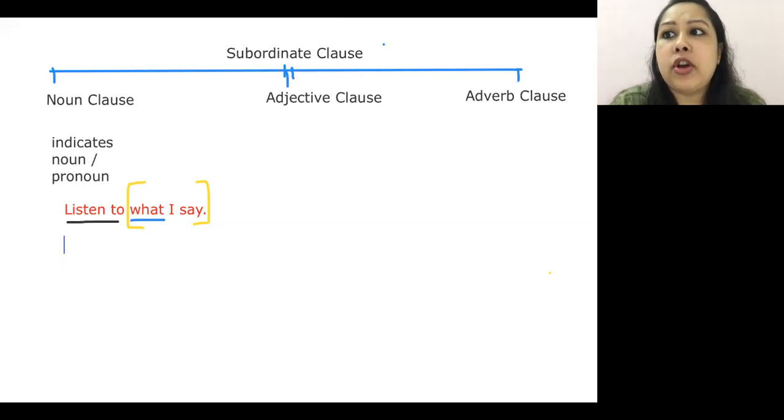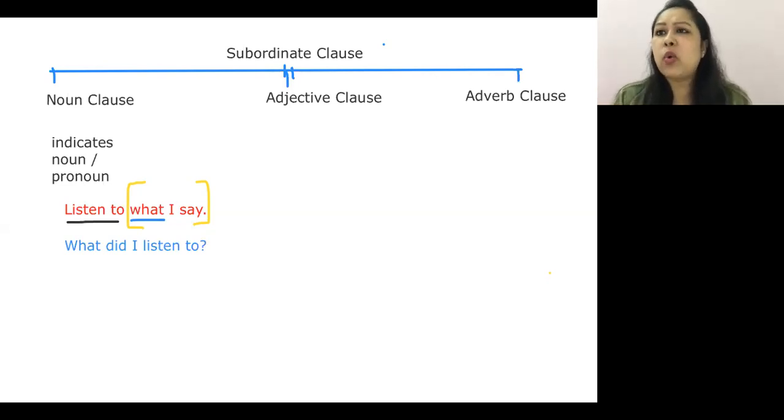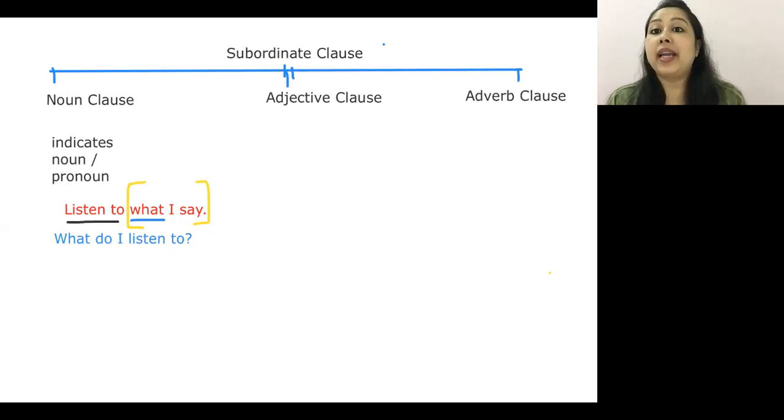What did I listen to? I would put this down for you on the board as well. What did I listen to? And the simultaneous answer that I got was what I say. Or what do I listen to? My question was incorrectly posed. What do I listen to? Present tense. And my answer is what I say.